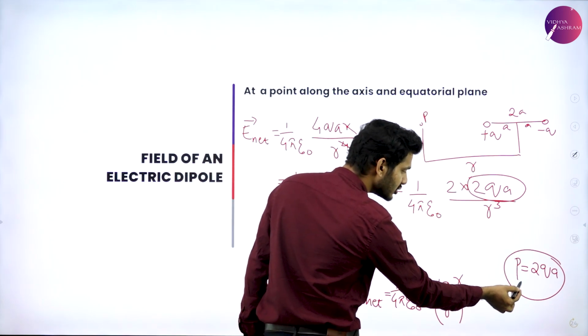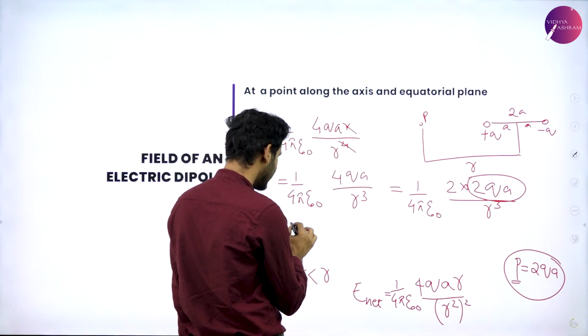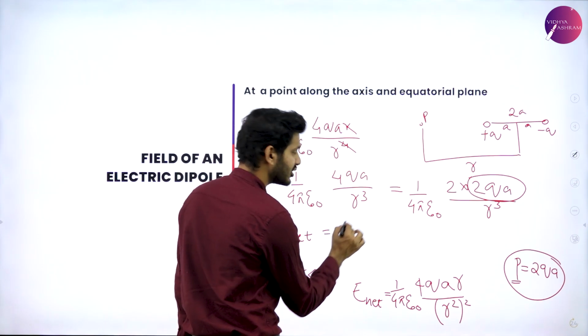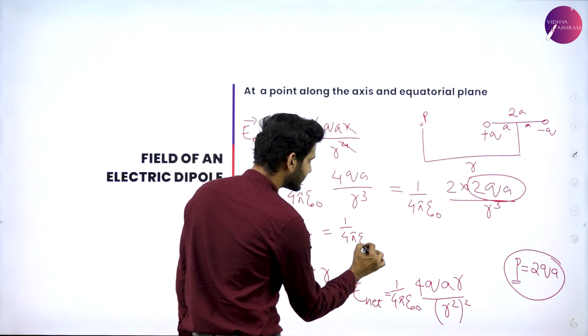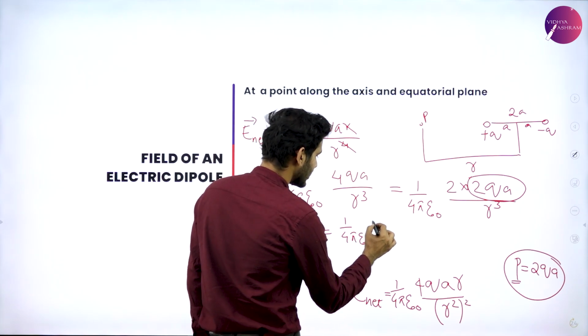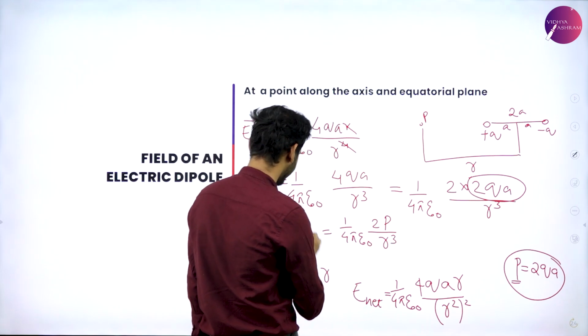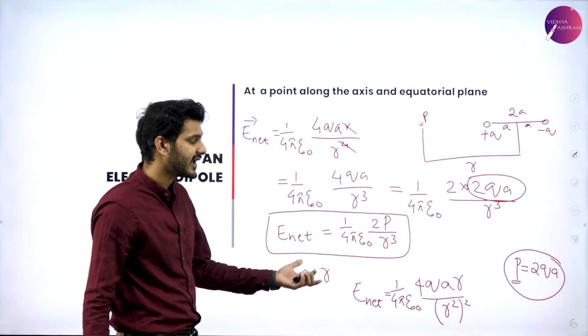So we can substitute this P in this place. We can write E net is equal to 1 by 4 pi epsilon naught, 2P divided by R cube. So this will be the final equation.